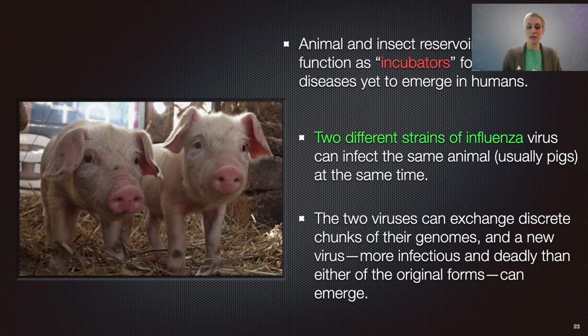So they can essentially exchange genetic information, almost like sexual reproduction and how we exchange genetic information. Viruses have this ability to exchange their information and create novel viruses, new viruses we've never seen before. They can be extremely deadly. And this is what we've seen before in pandemics from swine flus.